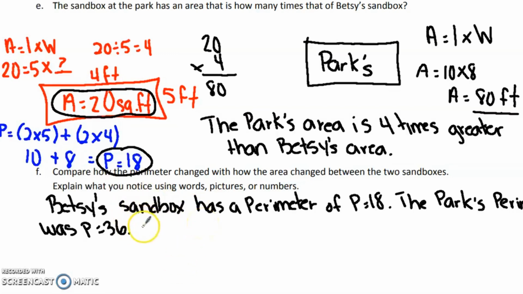So I can pretty much say that if my area quadruples or if my area doubles, the perimeter is also going to change as well. It's either going to double or whatnot. So we could say in this case that 36 is double of 18. Why? Because my area doubled, or actually quadrupled. I'm sorry, I keep saying doubled. My area quadrupled. Okay? From the first sandbox to that of the park sandbox.